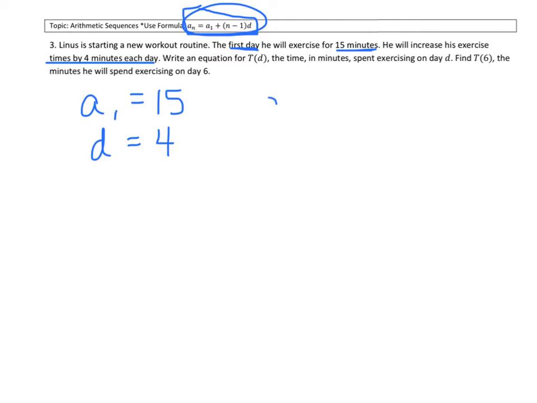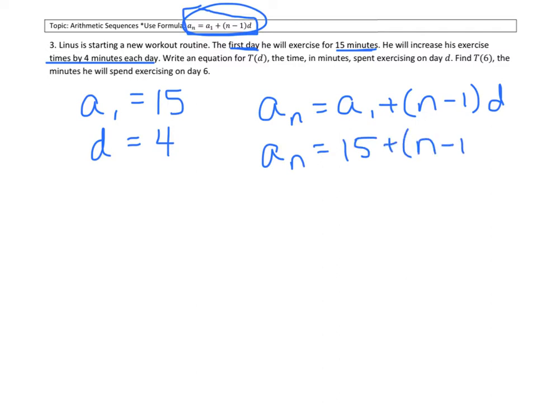So now I'm going to take that arithmetic sequence formula that, remember, is given to you on an exam, and I'm going to plug in the A sub 1 and the D. I'm going to leave my N as N. Here's when I'm going to make the transition to T of D. In general, an arithmetic sequence always uses A sub N. Well, in this problem, they want us to write a function for time in terms of the number of days.